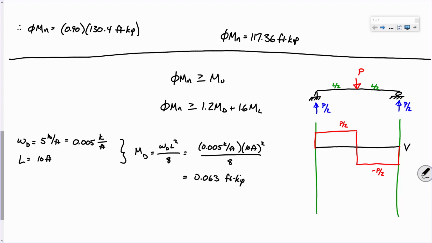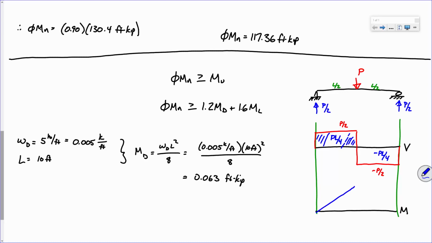And then to obtain the moment diagram, we integrate the shear diagram or calculate the area under the curve. So what is this area right here? There we go, PL over 4 and minus PL over 4 here. And what's our moment diagram going to look like? Well, this is a constant shear diagram, constant shear, constant slope.